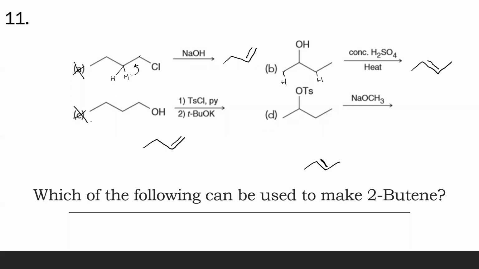And then let's look at D. We've got a good leaving group, and we've got a strong base, strong nucleophile. And again, this is going to produce something like that. So now we kind of have a tie here.